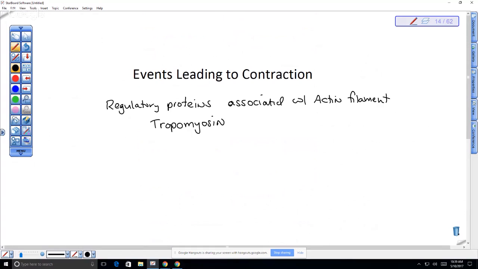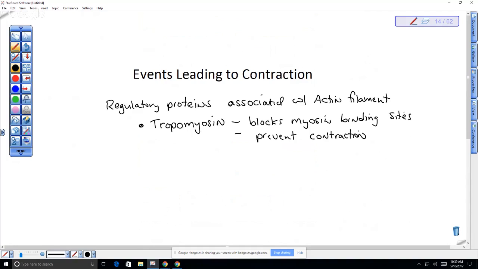And tropomyosin blocks myosin binding sites. Right? So this would prevent contraction. Okay, so that's the first regulatory protein.